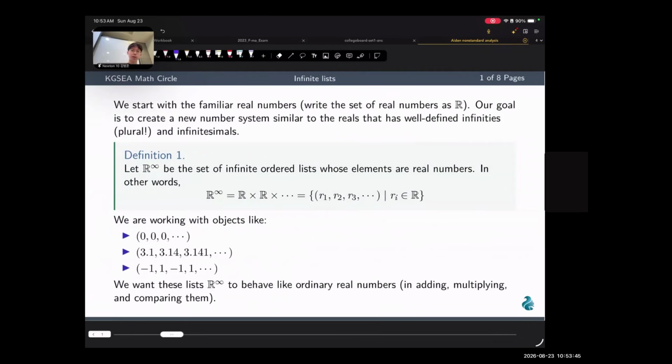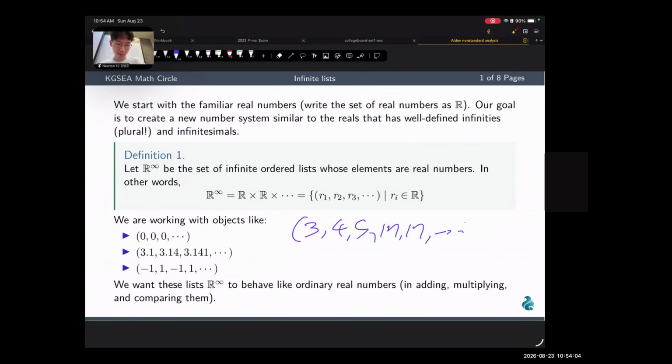So what we are going to work with are infinite lists, or infinite tuples, infinite ordered sets. What I'm basically talking about is just a list of a lot of numbers: 3, 4, 5, 17, 17, and so on. These can be anything as long as they are real numbers.